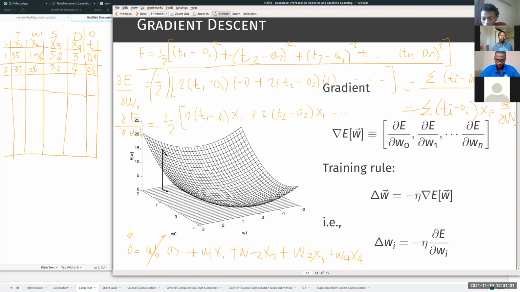That means the partial of E with respect to Wi will be equal to minus n times the summation of Ti minus Oi multiplied by Xi. Any questions?